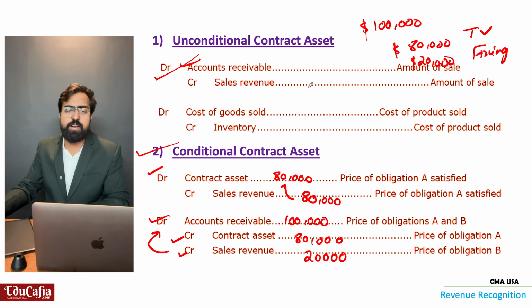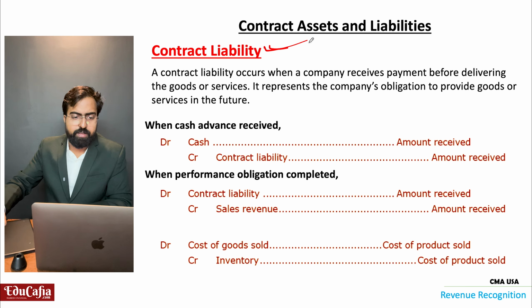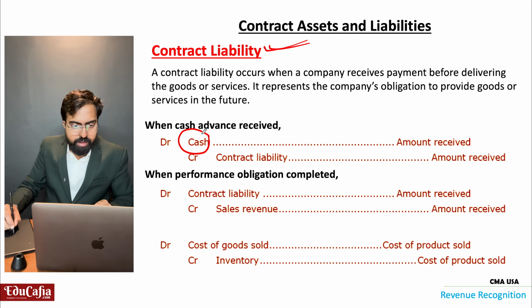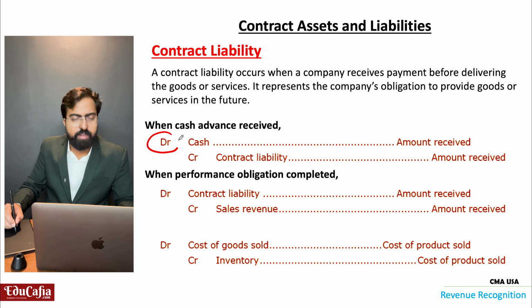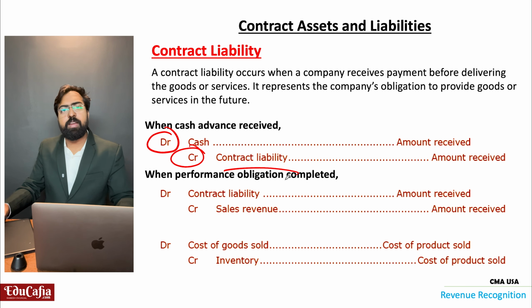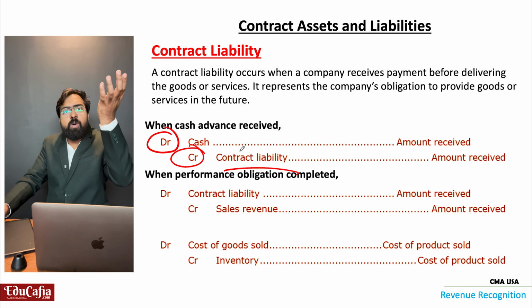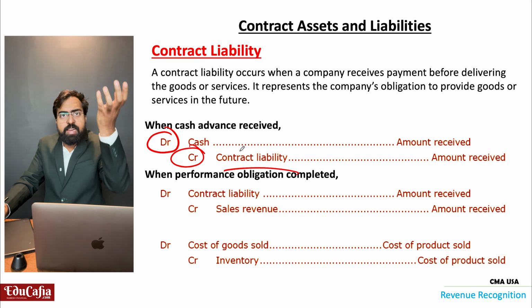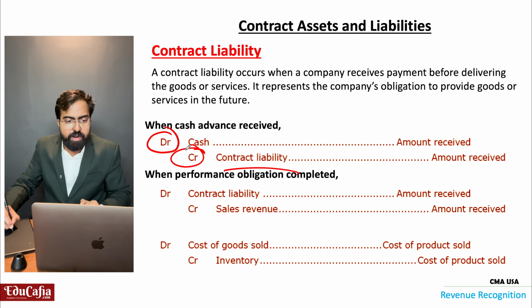It is not satisfied. So when the cash advance is received, I got cash, right? So I will debit that. Then I will credit contract liability. I want to increase that contract liability on the liability side. If any increase in liability side, that will be a credit.